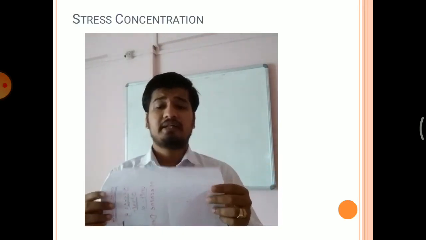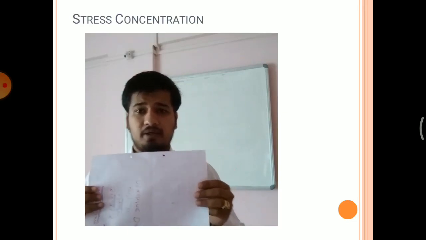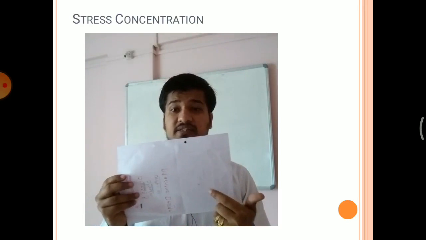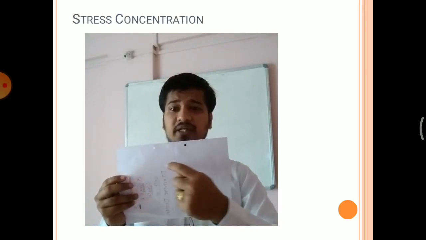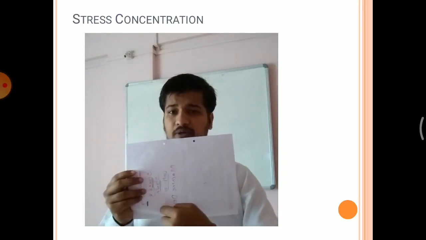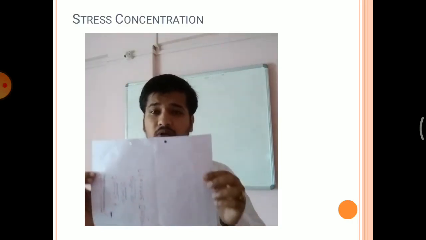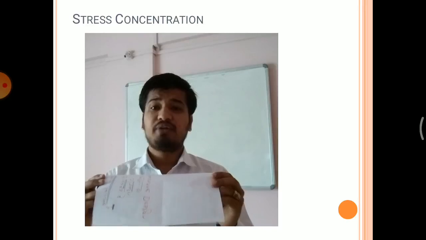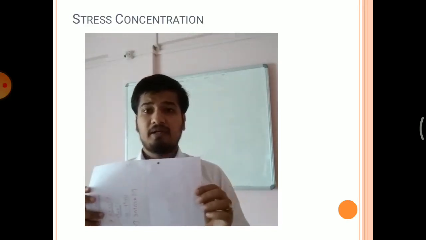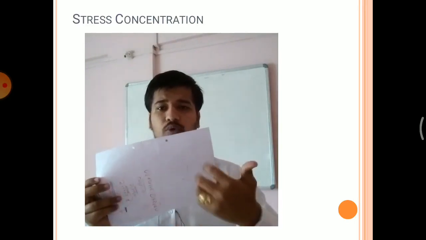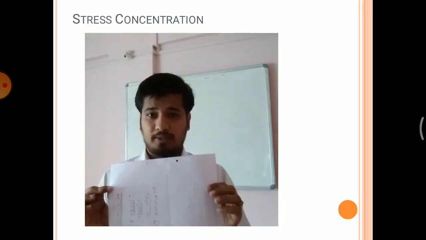That is a tensile force. And when we apply that force, these stresses are evenly distributed throughout the plane or throughout the section. That means when it is a continuous section or a continuous material, its load carrying capacity or stress distribution throughout the plane is more.